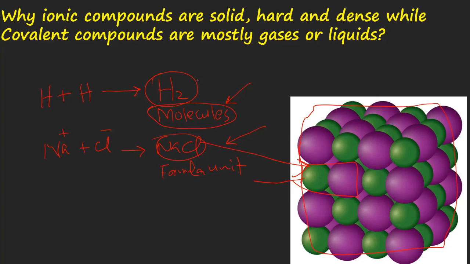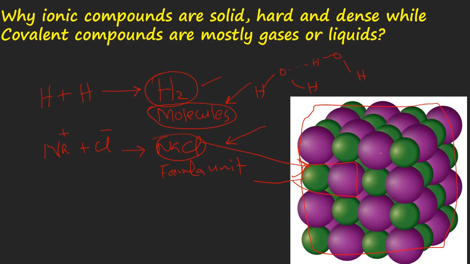So that's why it exists freely as a gas. But there is some attraction between water molecules. They have some attraction for another water molecule, so they exist as liquid. They cannot exist as solid at normal room temperature because there are no strong forces like in ionic compounds.